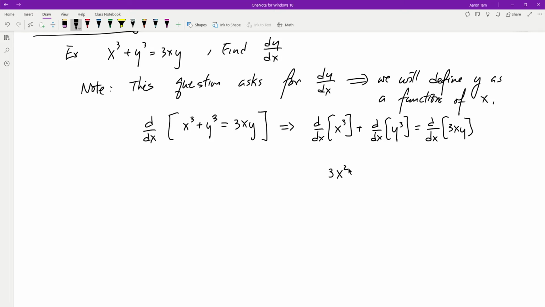The problem here is that when I'm trying to take the derivative of y to the third with respect to x, there is a mismatch in our variable. Here in y to the third, the variable is y, but I'm trying to differentiate with respect to x.